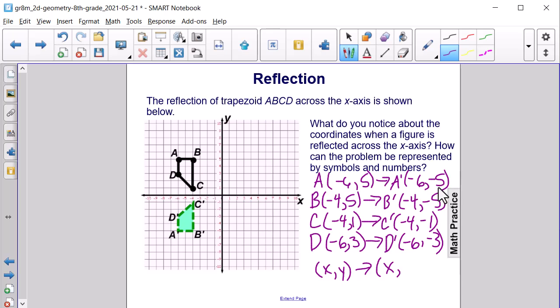They became -5, -5, -1, -3. Oh, all the y-coordinates became the opposite, or -y. So x, y became x, -y.